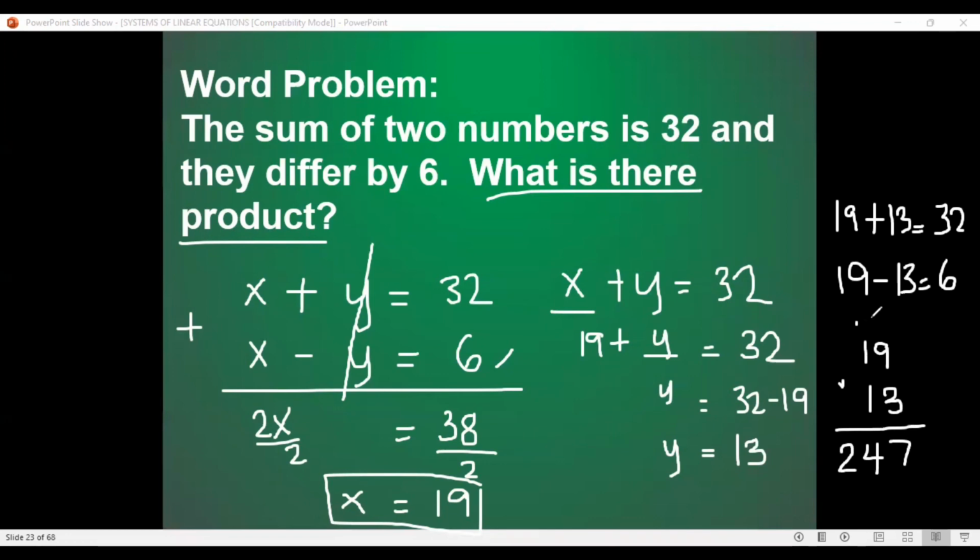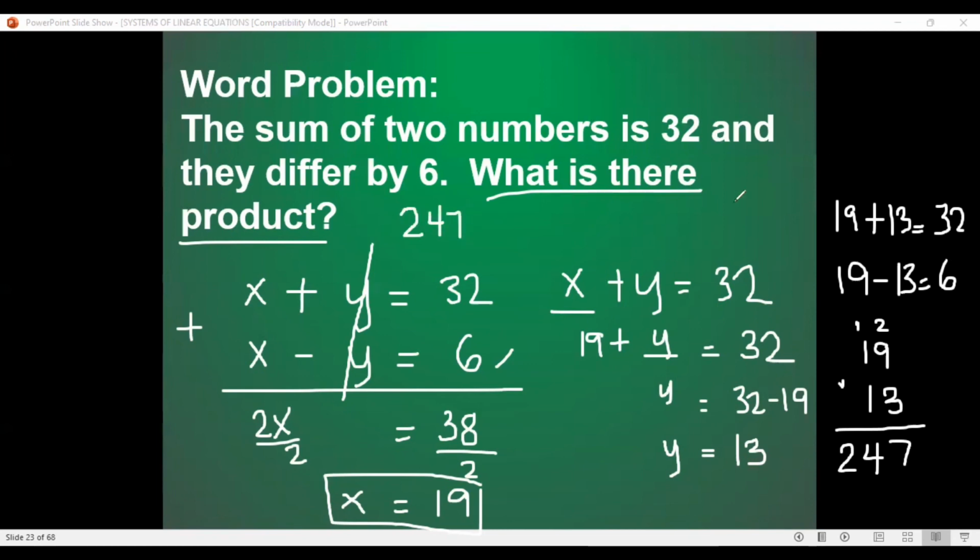So instead of putting the 2 there, you can just put it here, and then add all these three numbers. So 2 plus 9 is 11, plus the 3 there is 14. And then you have the regrouped number, and you can just add 1 plus 1, which is equivalent to 2. That's a shortcut that you can possibly use in multiplying numbers. So our answer for this is 247.